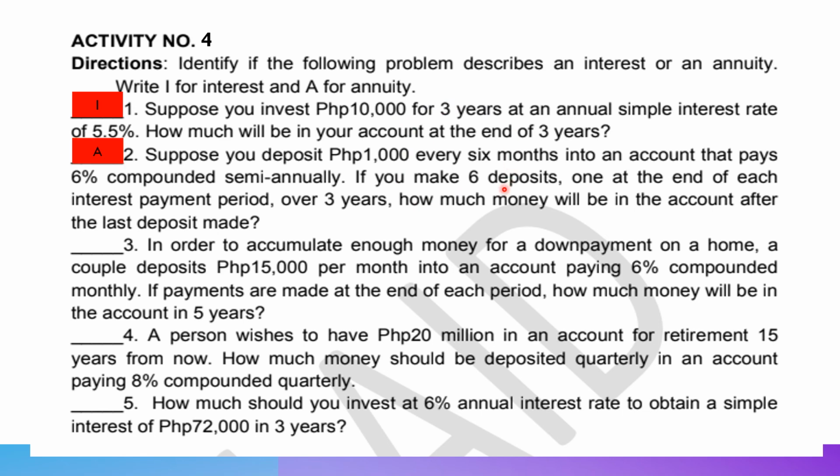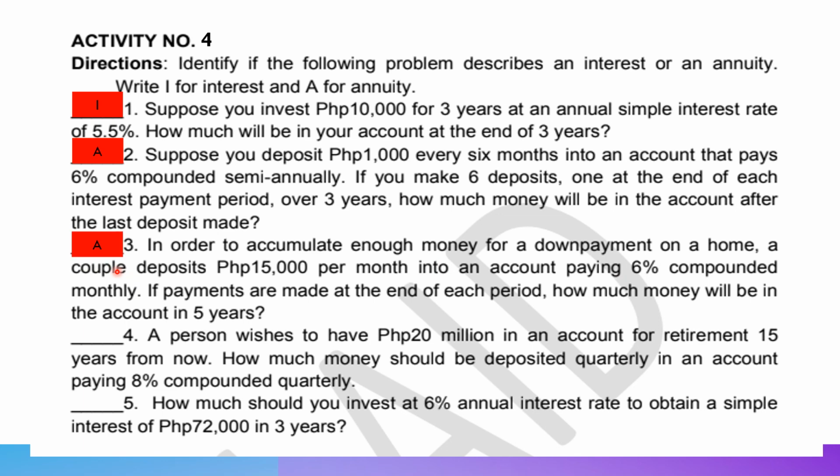That is annuity. Next, in order to accumulate enough money for a down payment on a home, a couple deposits 15,000 per month. Because of this per month, naghuhulog sila per month into an account paying 6%.